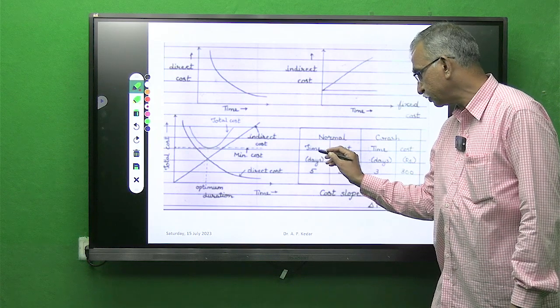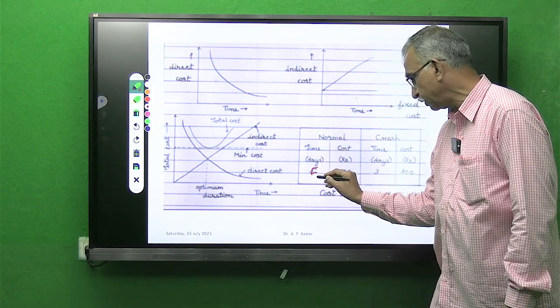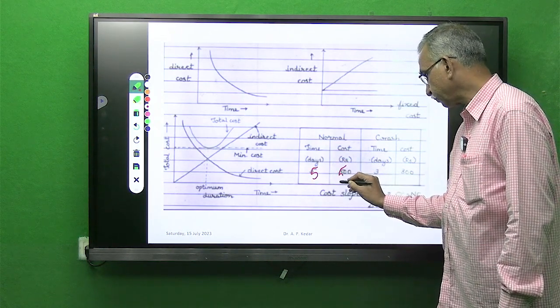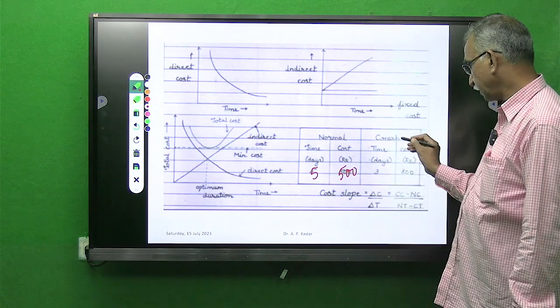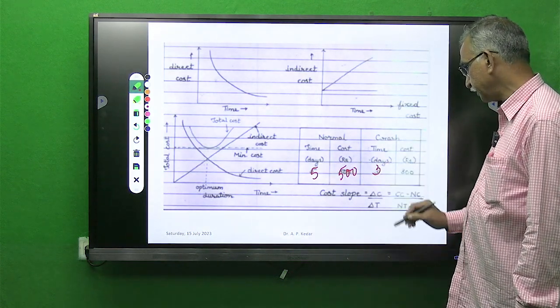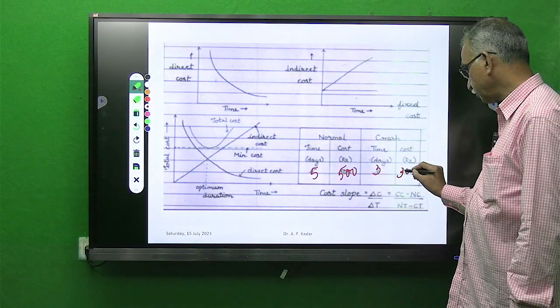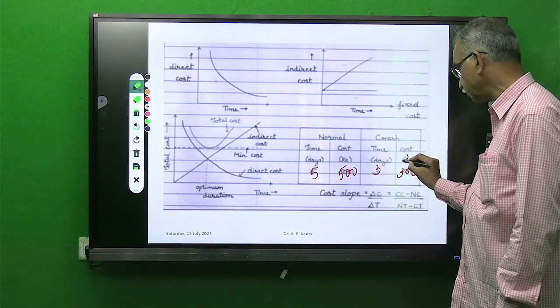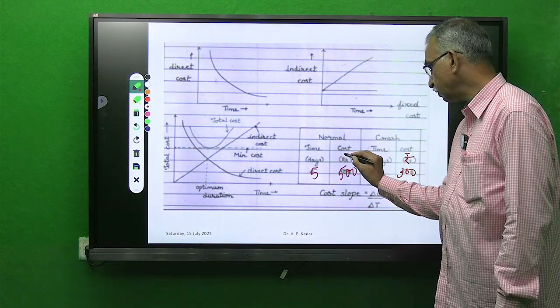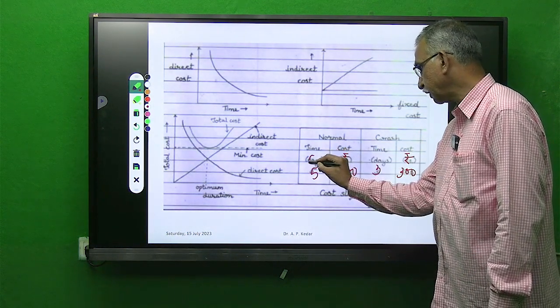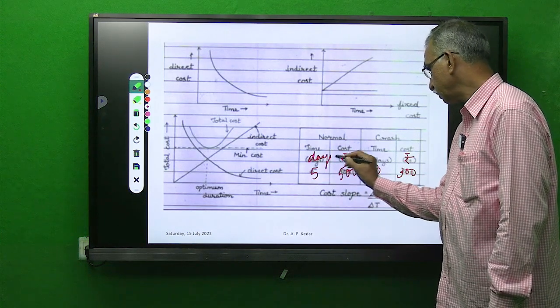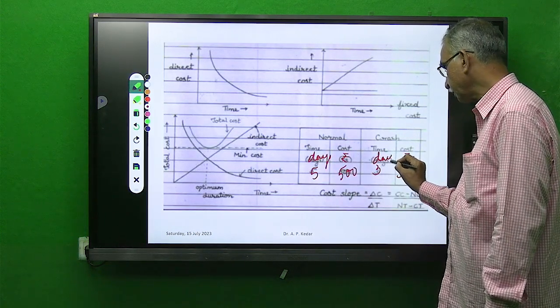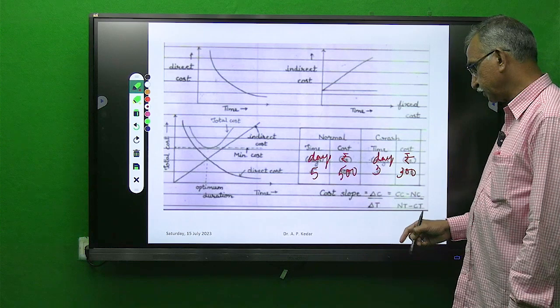Here the normal time in days was 5 days, cost was 500 rupees, crash duration was 3 days, and it is 300 rupees. The unit here is rupees, and here it is days. Any activity under consideration.